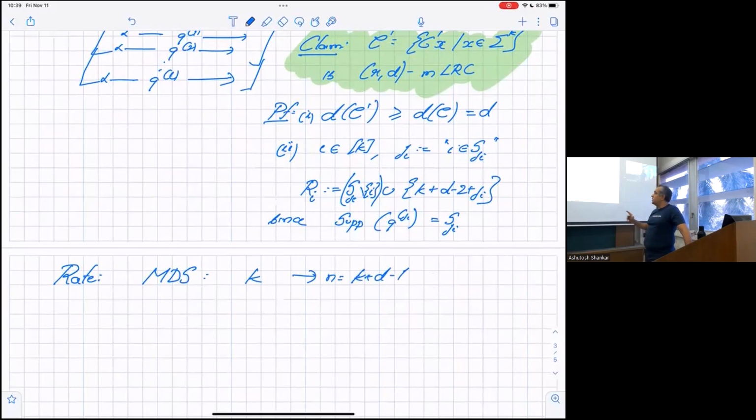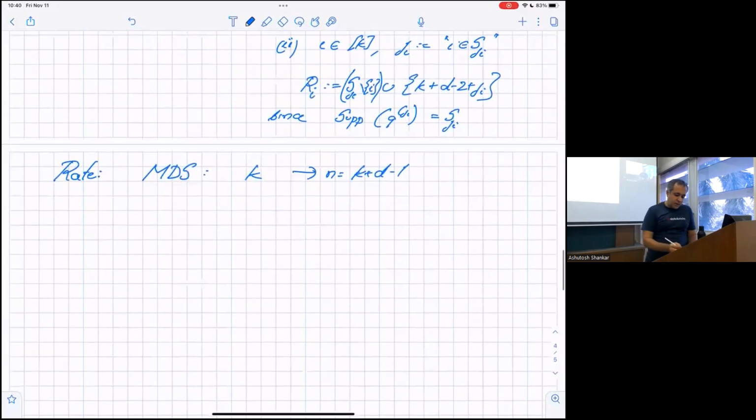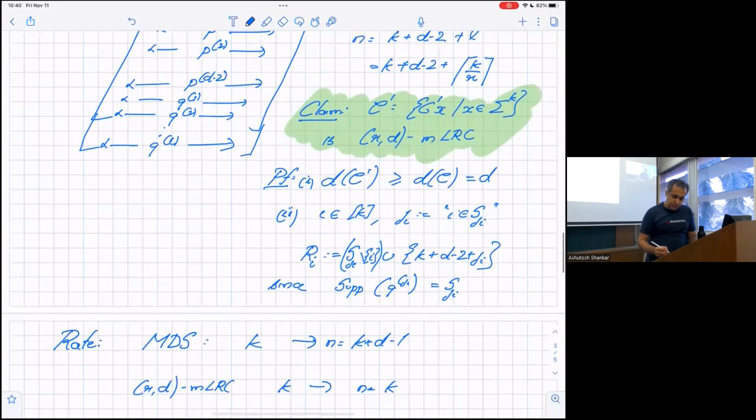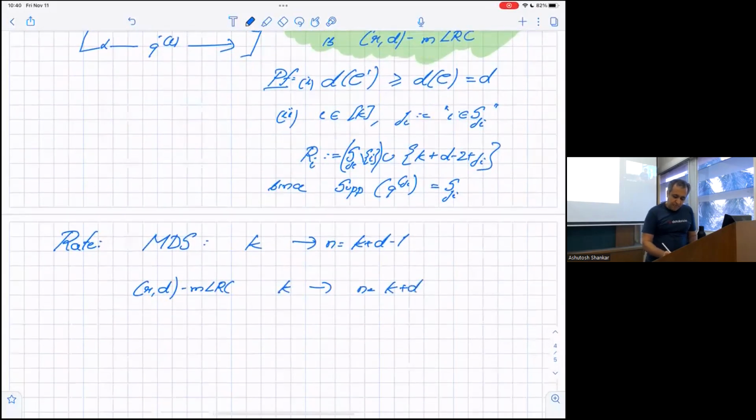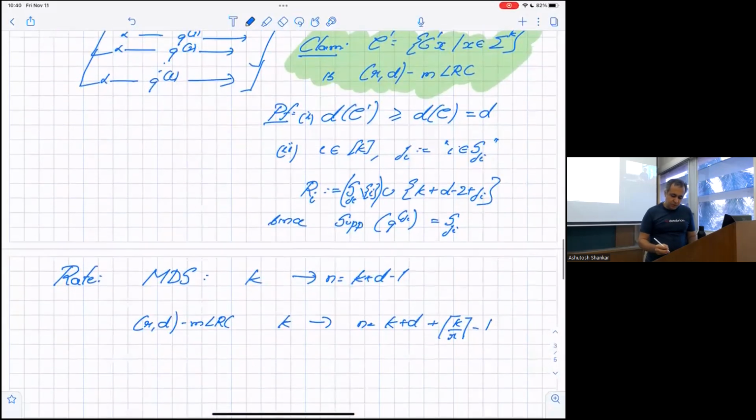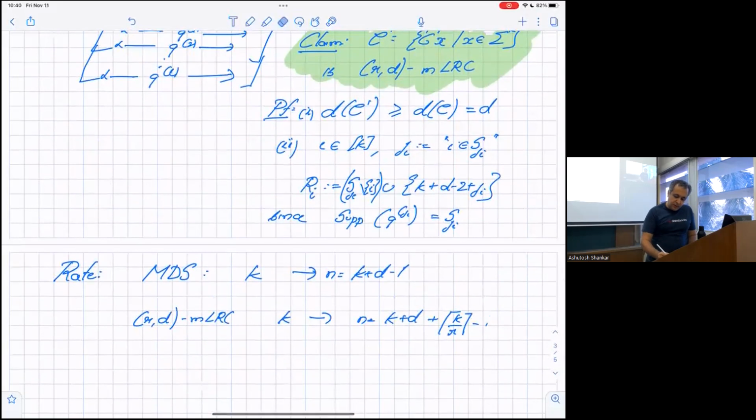If you wanted distance D, you have to add at least D minus 1 additional parity check symbols. And here, if I want an (R, D)-MLRC, all I need to do is go from K to K plus D plus K by R minus 2. So it's just a little bit more.